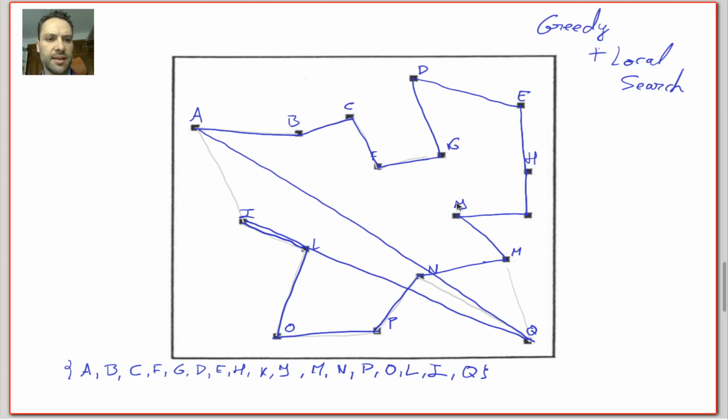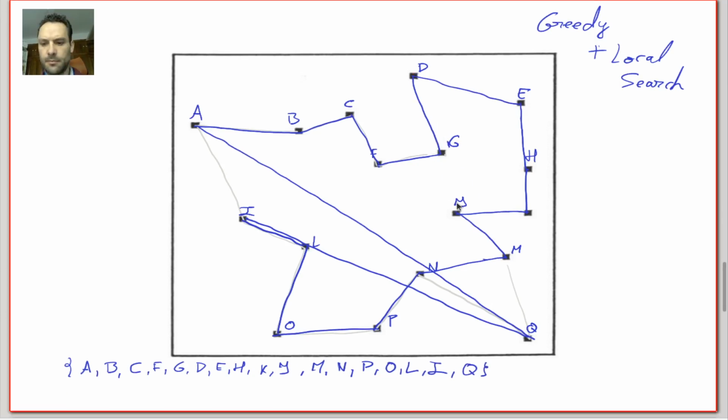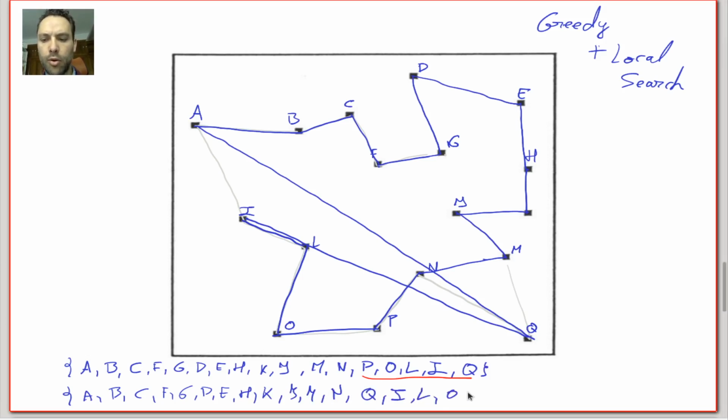So for instance, in this case we could invert these last elements. So the new solution would be A, B, C, F, G, D, E, H, K, J, M, N, Q, I, L, O, P.